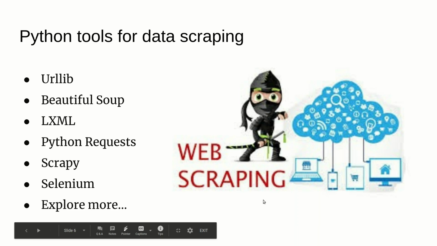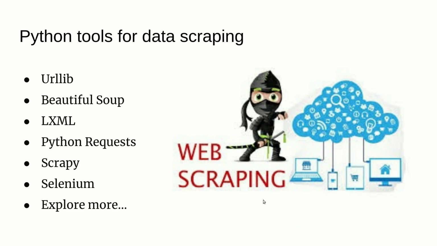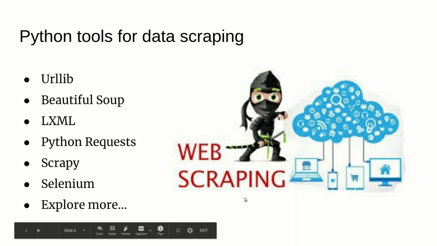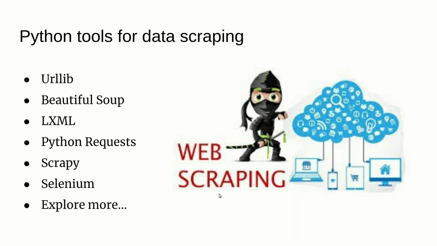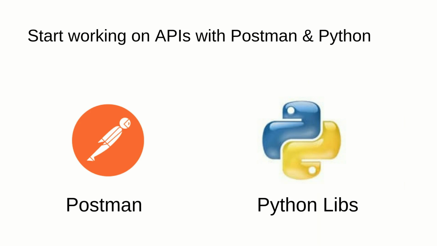Some other tools are there too, you can explore them if you are interested. Else I will show a demo on how to use these things later. For API testing, we have certain tools available out there. One is Postman. It is a widely used tool for API testing.